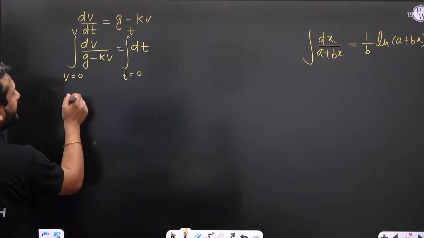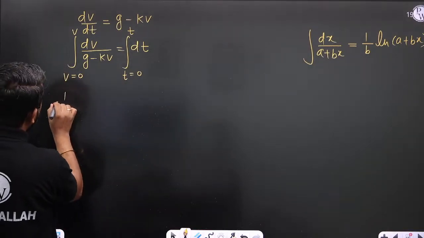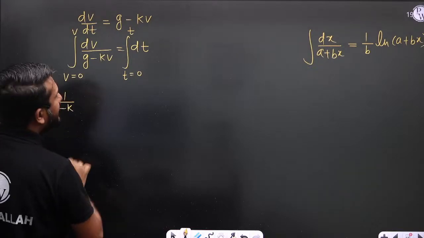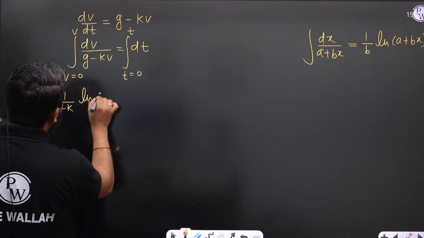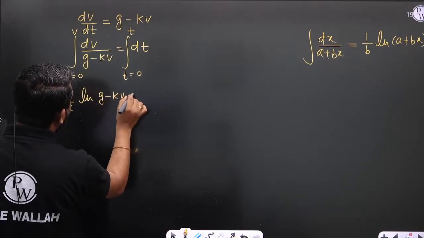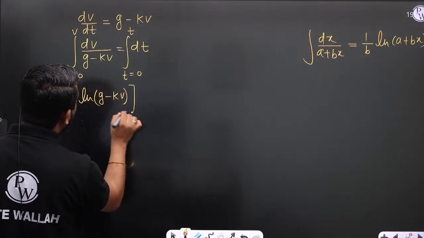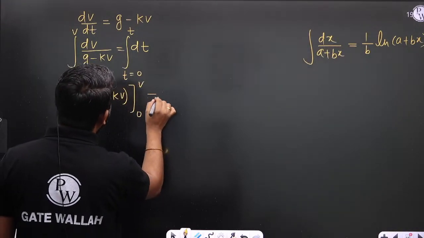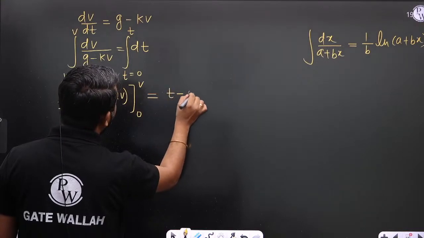So we can say this is 1 upon minus k, ln(g minus kv), and what is the limit? The limit is 0 to v, and this is equal to t minus 0.